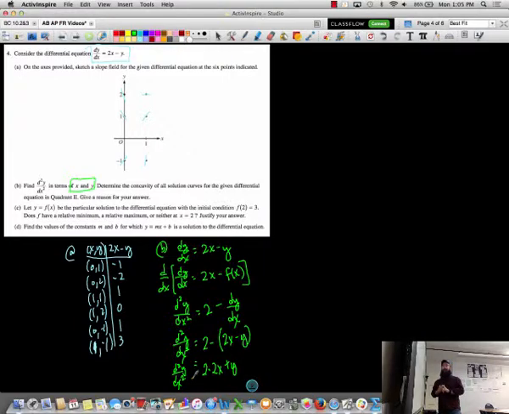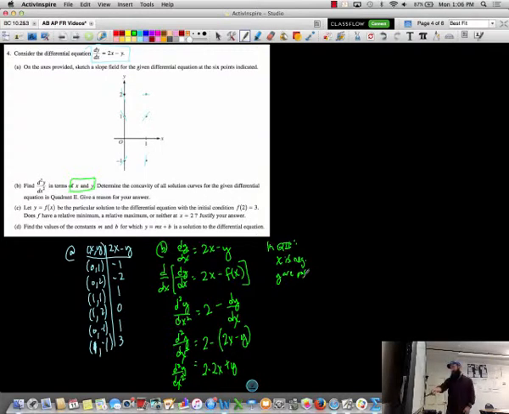Then it says determine the concavity of all solution curves for the given differential equation in quadrant 2. So when I'm determining concavity, I'm looking at the second derivative, and whether the second derivative is positive or negative. Well, if you look in quadrant 2, all the x values are negative, and all the y values are positive.